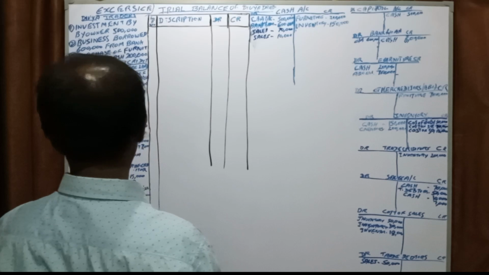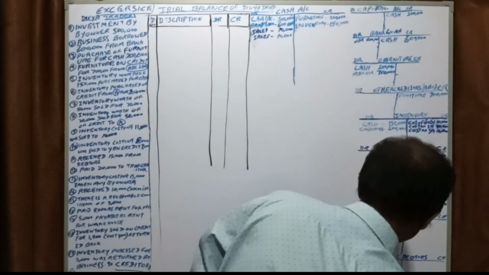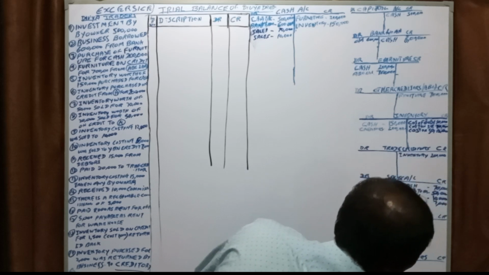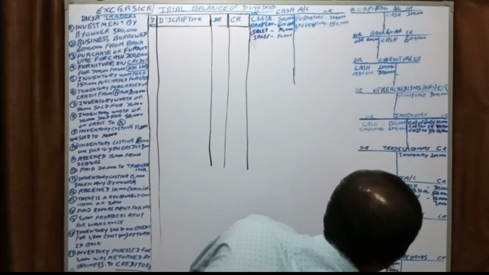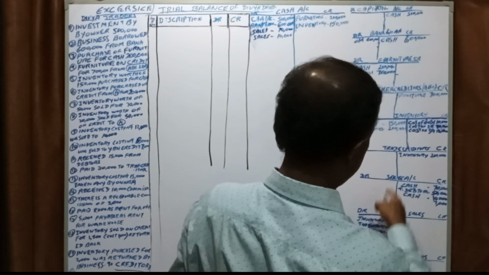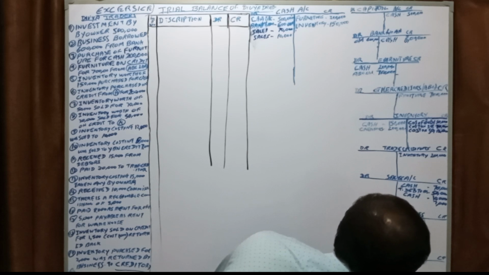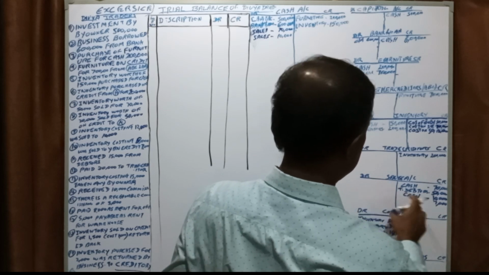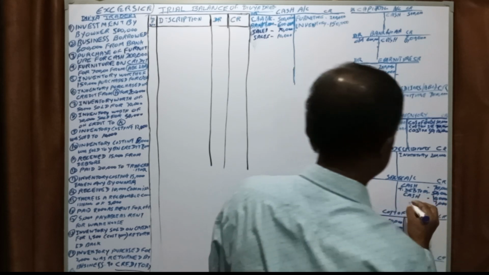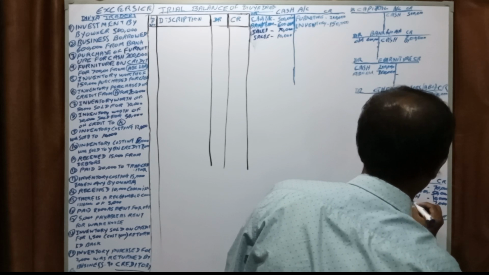To whom have we sold? To Y on credit, trade debtors 7,000. What is the corresponding entry in the sales account? Here we have to say sales 7,000, and here trade debtors.